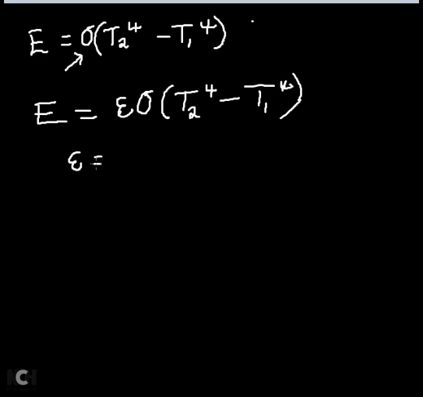It is known as the relative emittance of that particular body that is not a black body. So that's another constant which I need to introduce to Stefan's equation if I am not dealing with a black body.